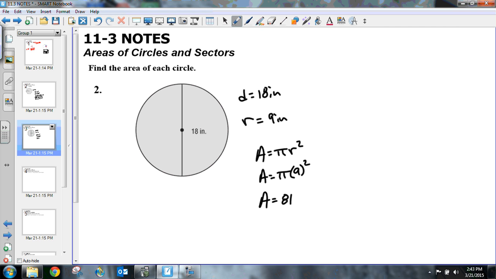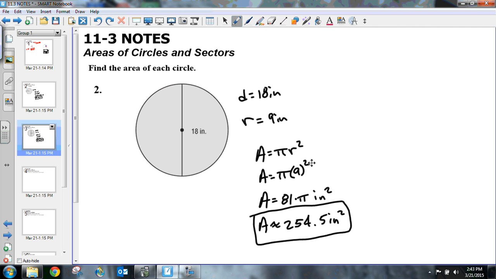So I'm going to take 81 and multiply that by pi. And this is in inches squared. If I wanted to get an approximation, I'd plug it in the calculator and I would get 254.5 inches squared. Things we've been doing for a while, you guys know how to do this.